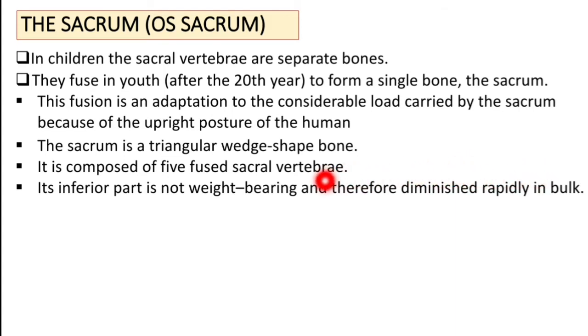So it's a triangle, and you will see what I mean by saying the inferior part is not that bulky, it's diminished, like the tip of a pyramid. The triangular shape and this fusion of vertebrae are the most important things.